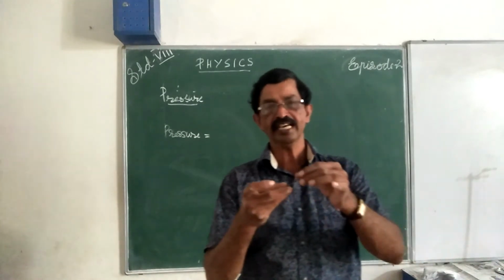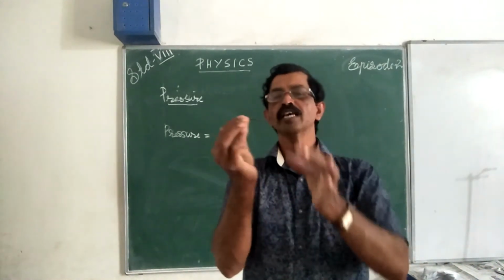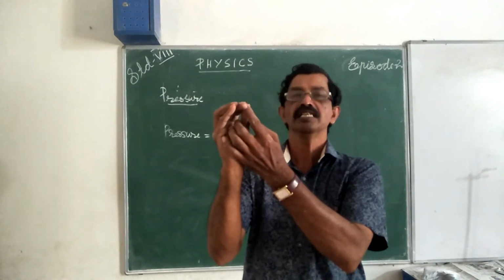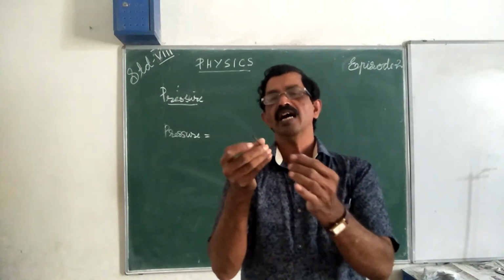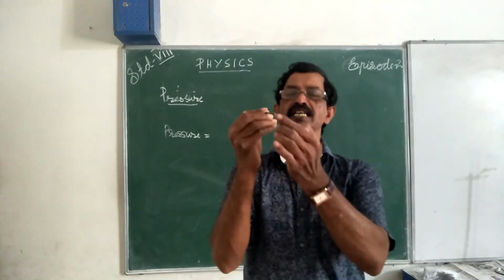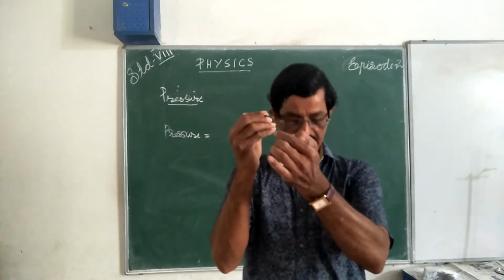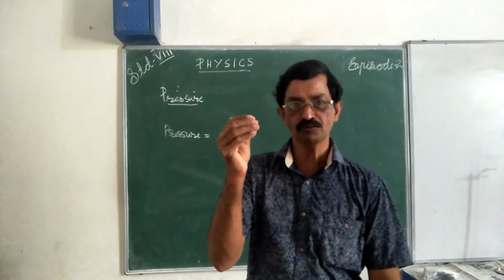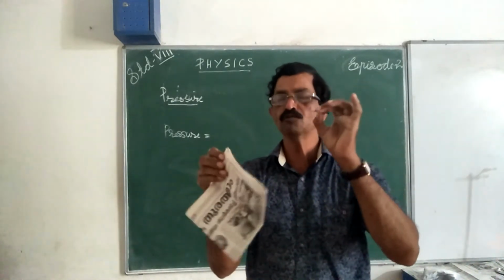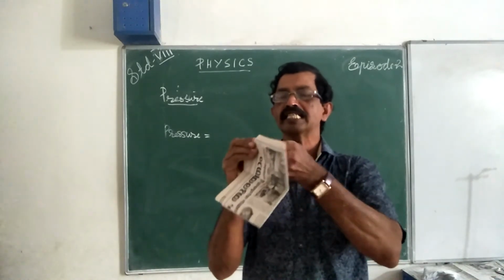See, this is a nail. You observe it has two ends. One end is a sharp end. Another end, you see here, is a broad area. Suppose I am trying to pierce this paper with these two ends of the nail.